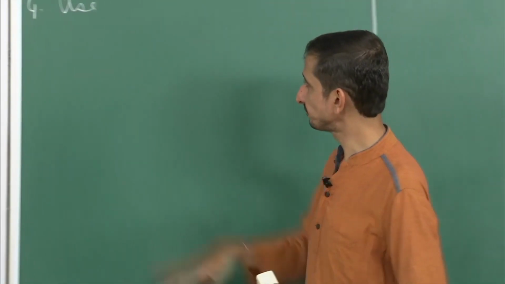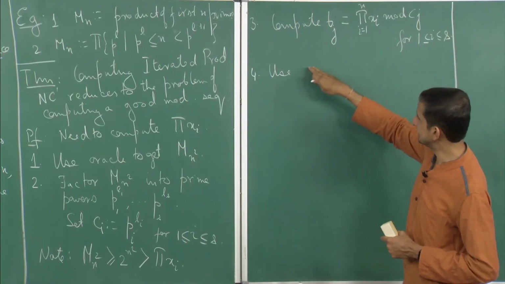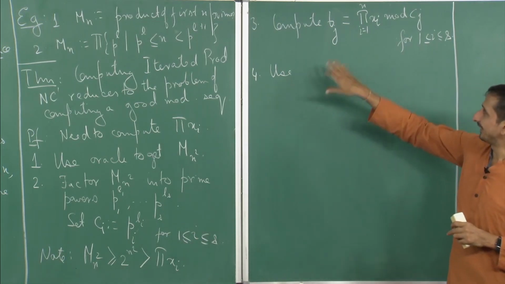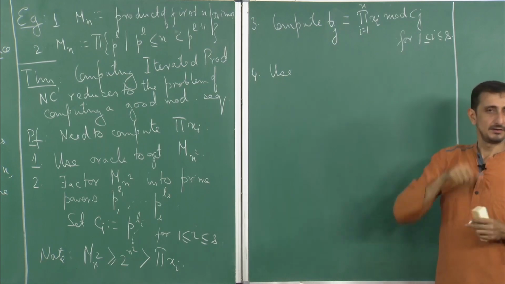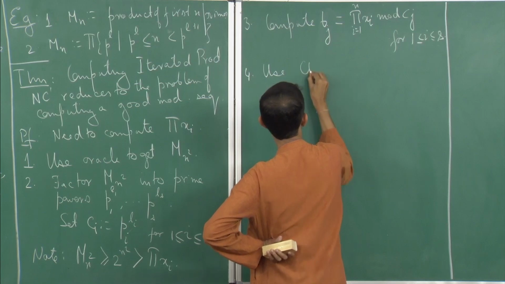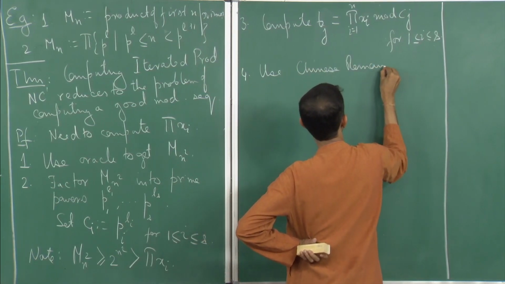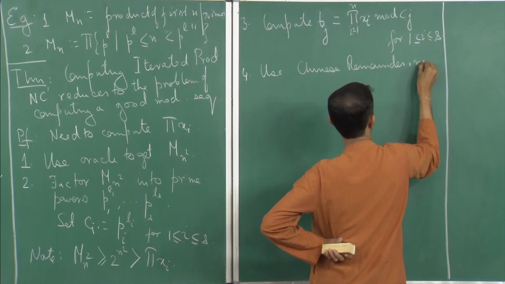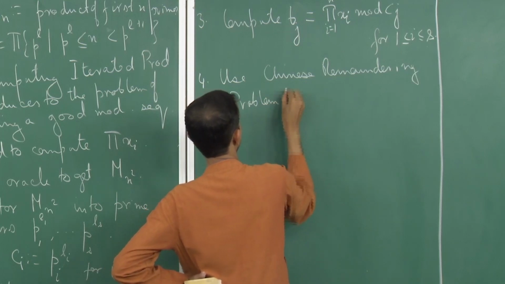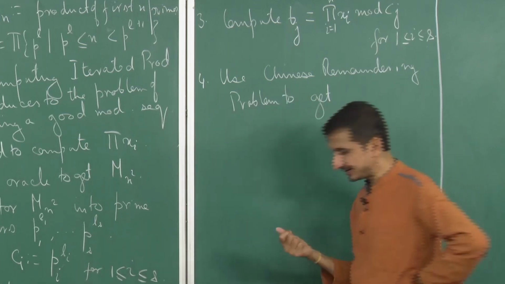Now, in our case, these Ci's will be the same Ci's as in the Chinese remaindering theorem, and the Bi's will be our xi's. So, use the Chinese remaindering theorem to get x. What does Chinese remaindering output?